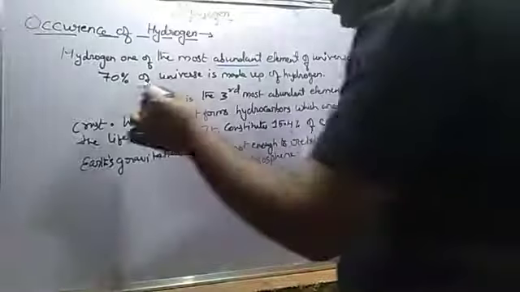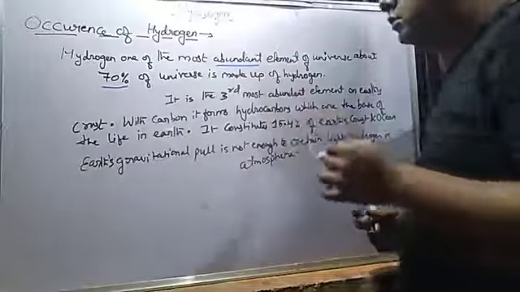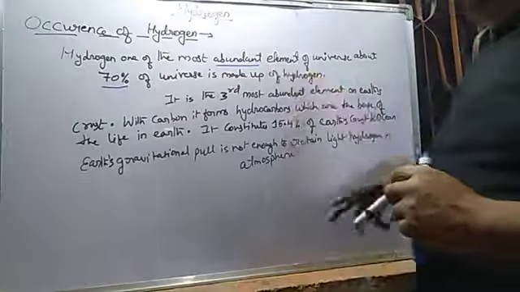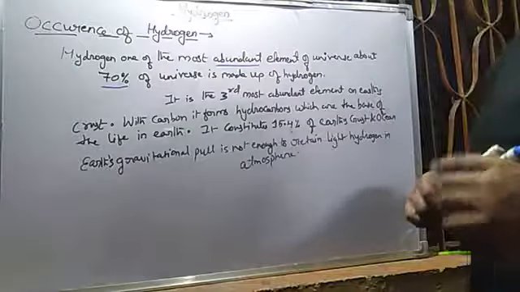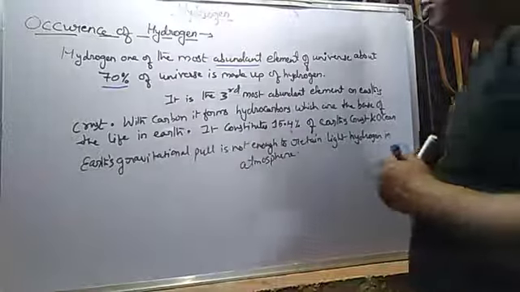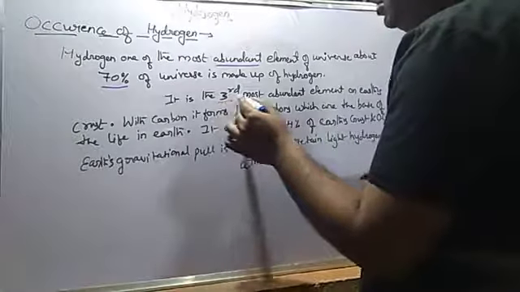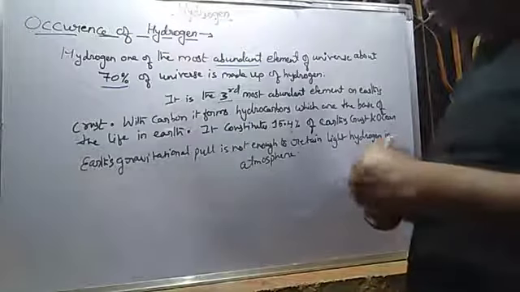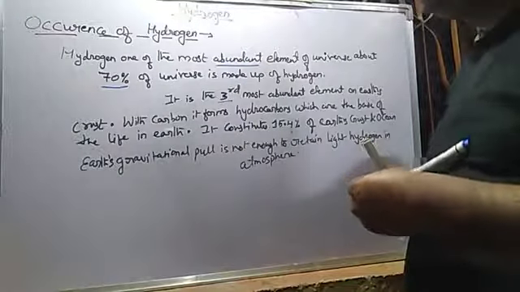About 70% of the universe is made up of hydrogen. And if I am considering the Earth's crust, it is the third most abundant element on the Earth's crust.